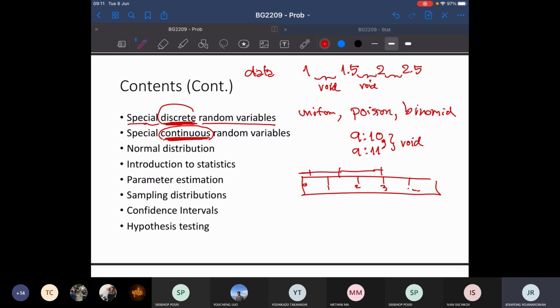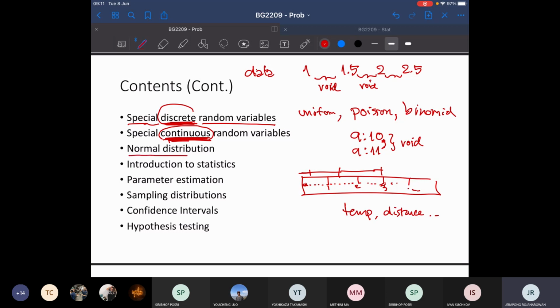It could be anywhere on your ruler. So in this case, it's going to be continuous. Okay, it doesn't have voids, it doesn't have gaps. So for example, temperature, distance, and so forth will fall into this continuous category.